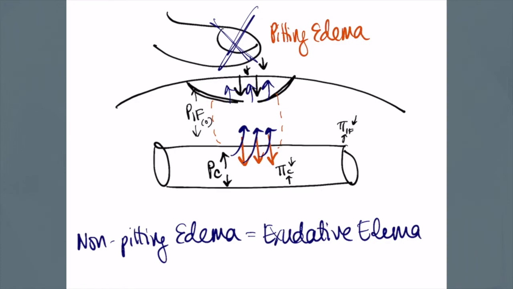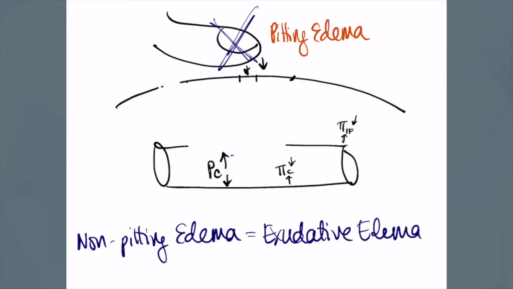And the reason for that is, let me just erase this mess so you can see it a little bit better. Here's your vessel. Here's some capillary interstitial pressure.